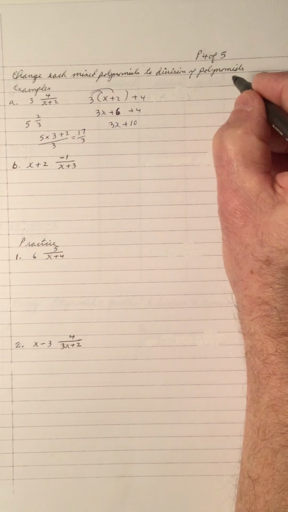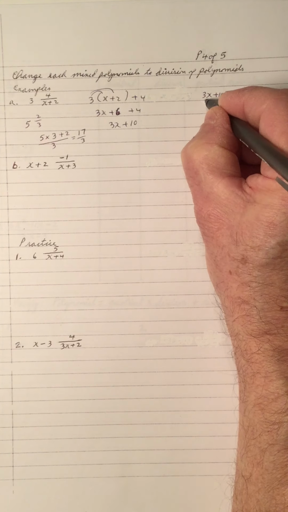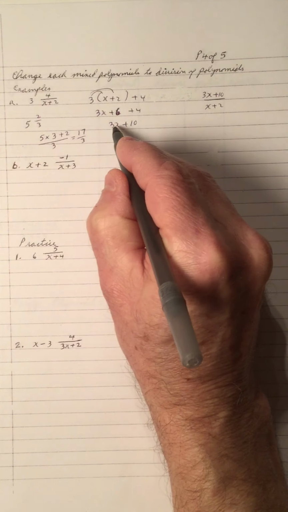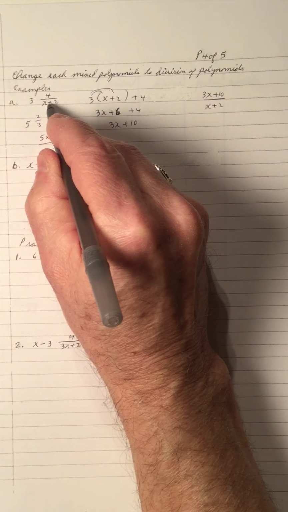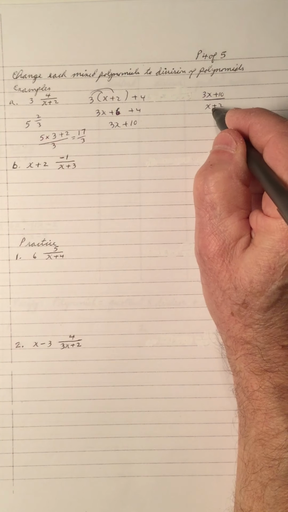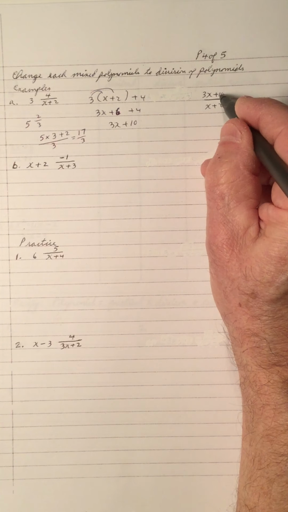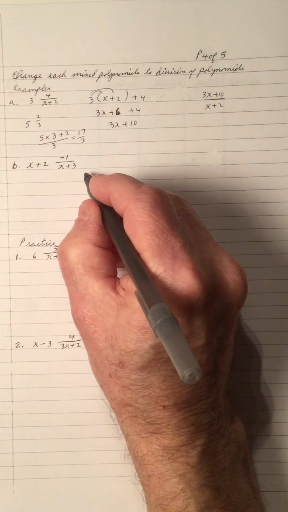So really, this fraction was 3x plus 10 over x plus 2, because that's the polynomial that I have on the top, and my denominator is my divisor. So if I turned around and divided x plus 2 into 3x plus 10, then I would get this. So we're just reversing it.